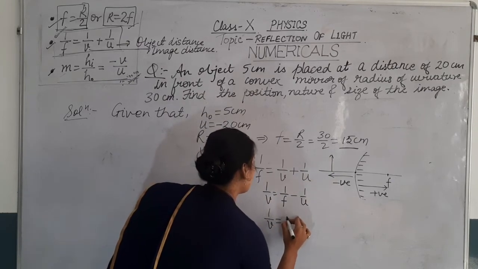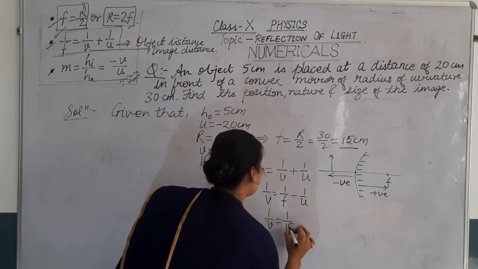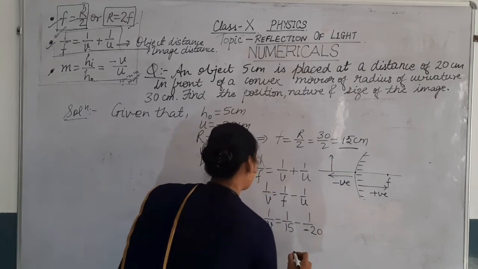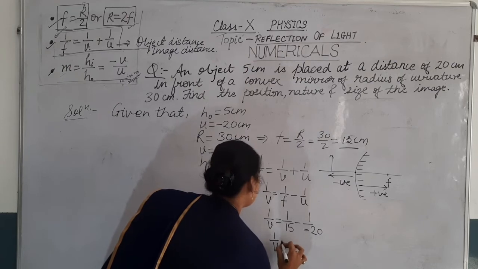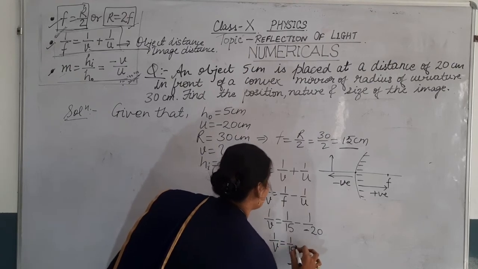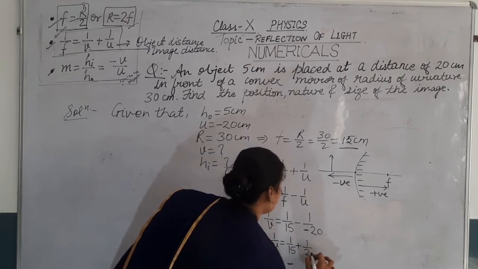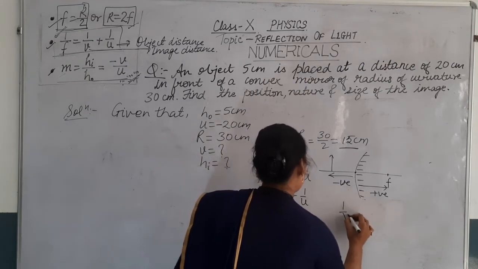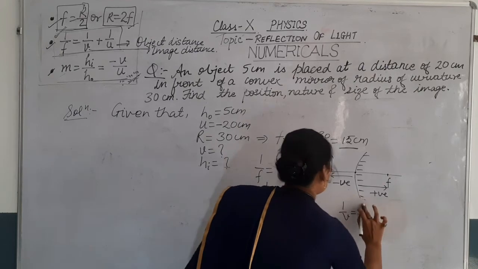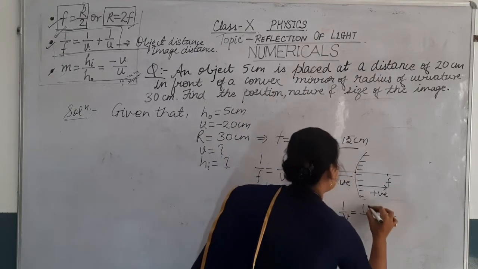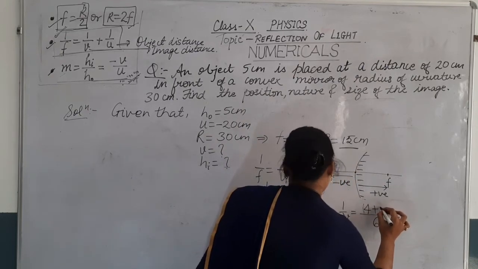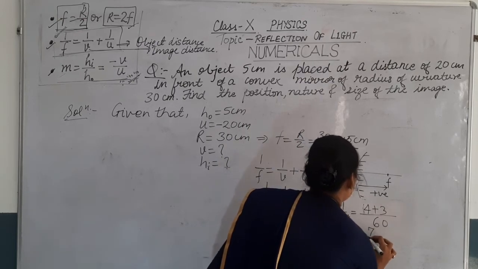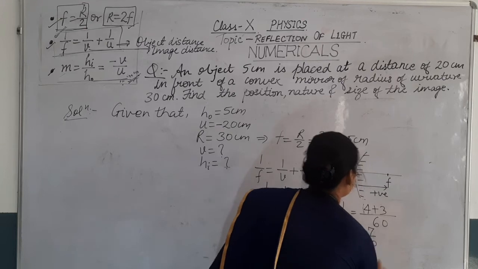Now putting the value of U and F in this equation, what we will get? 1 upon V is equal to 1 upon 15 minus 1 upon minus 20. This minus minus will become plus 1 upon 20. Taking LCM, what we will get? 1 upon V is equal to 4 plus 3 upon 60, V is equal to 7 upon 60.